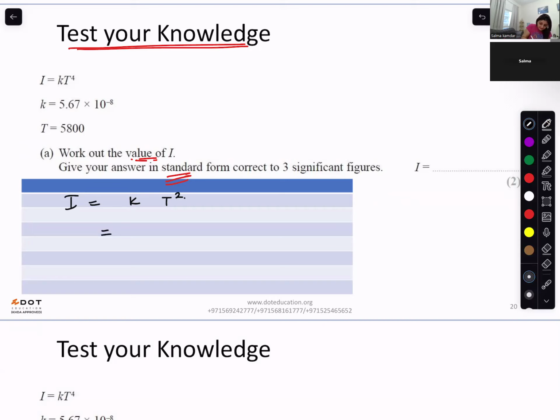K is what? 5.67 into 10 raised to minus 8. T 4, that means 5,800 to the power 4. You put this on the calculator and you get your answer.